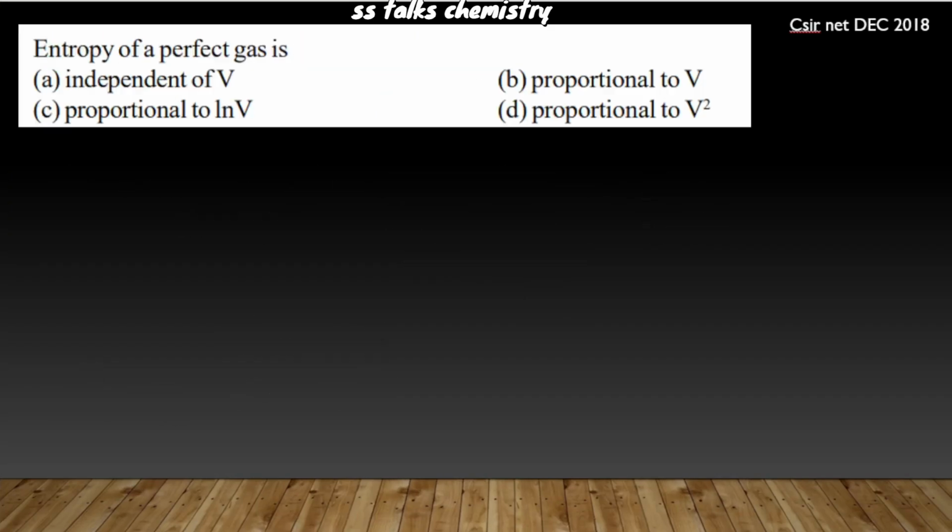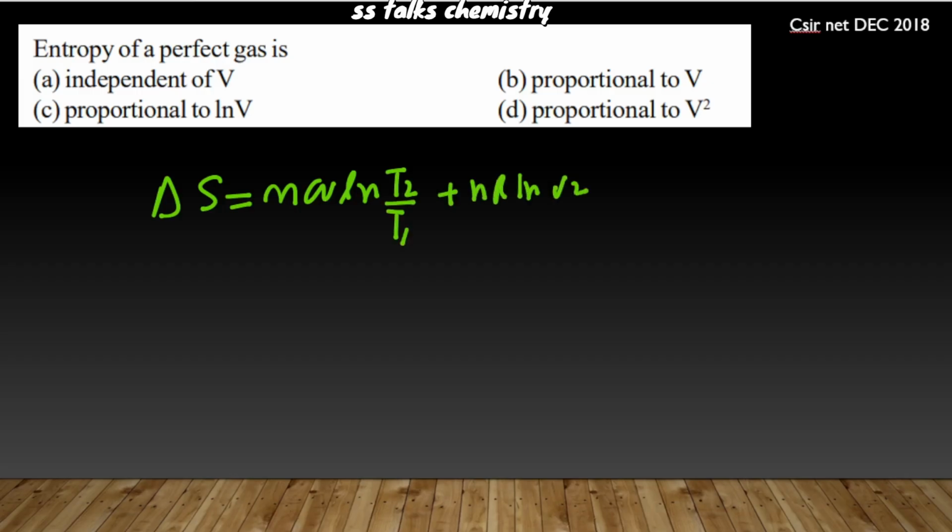Okay, next this one now. Entropy of a perfect gas is dependent upon the volume in which of the cases? Entropy we know is equal to nCv ln of T2 upon T1 plus nR ln of V2 upon V1.